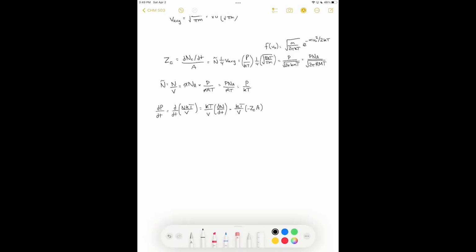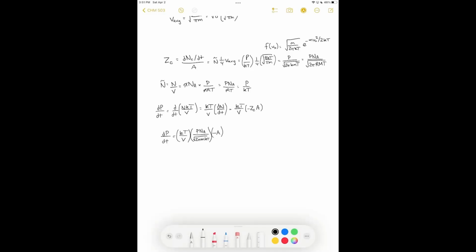So with this, we could go ahead and plug in our expression for Zc, and that would give us dP/dt equal to kT over V times P times Avogadro's number over the square root of 2 pi m kT, and then we'll have our negative A multiplied in.